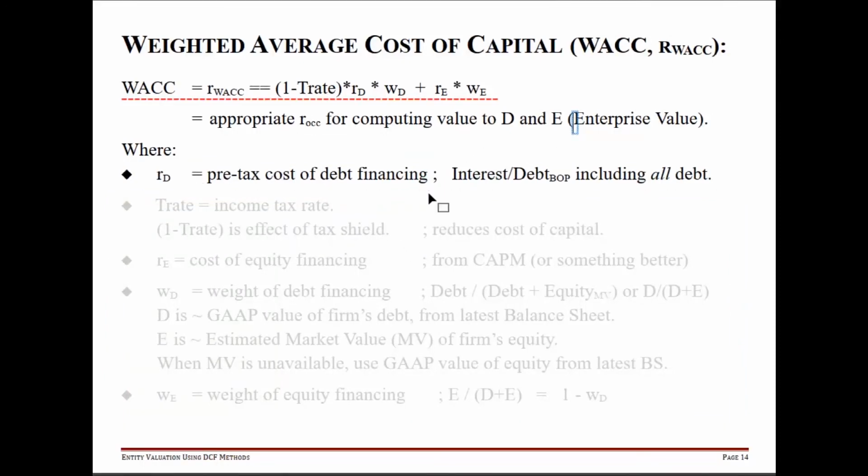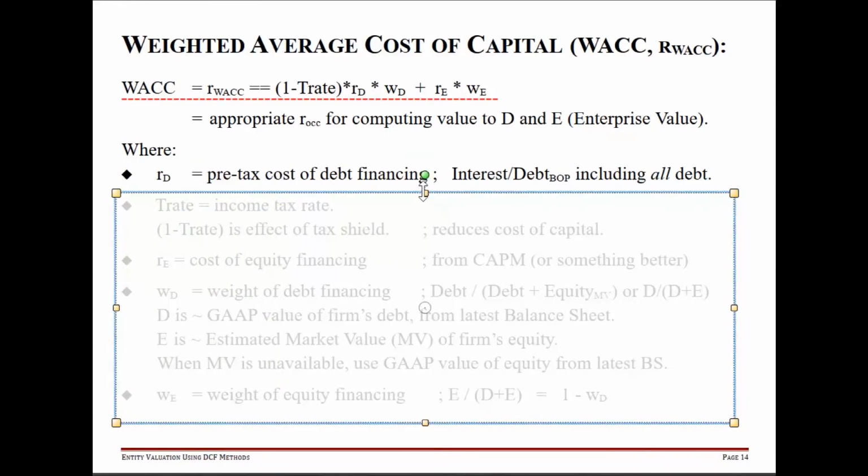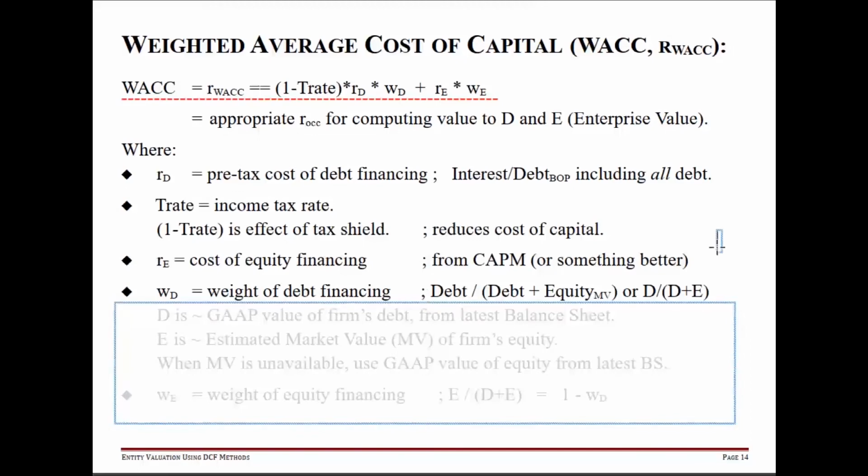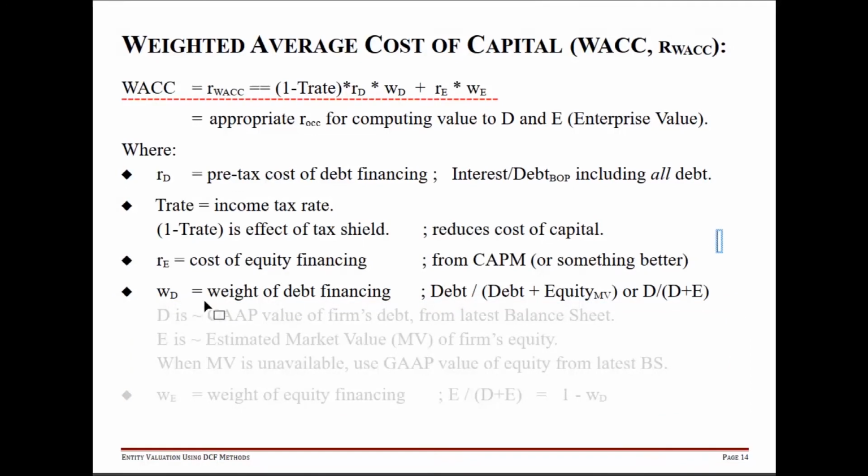R_D is the pre-tax cost of debt financing, and we know what the tax rate is, we know what R_E is. W_D kind of looks like a new term. That's the weight of our debt financing measured by our debt to enterprise value ratio, debt over debt plus market value of equity. And we just use market value of equity when we have it. If we don't have it, just use GAAP value of equity.